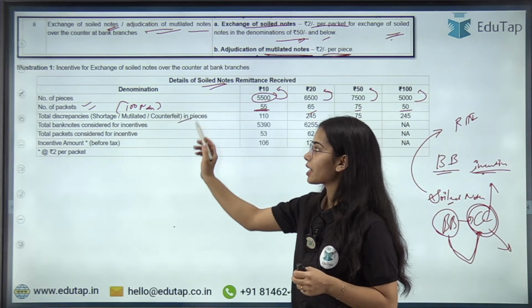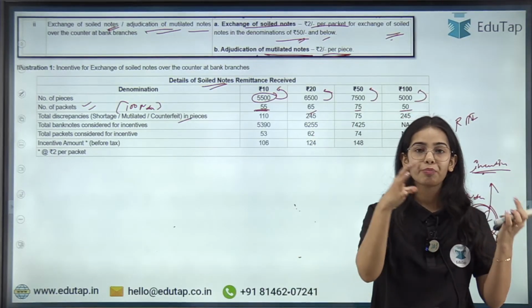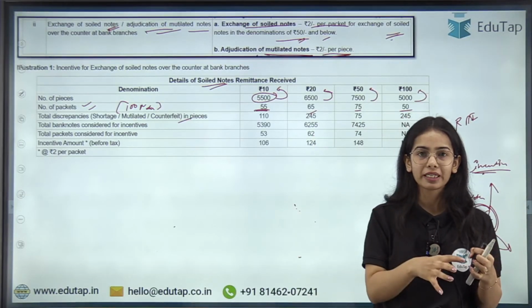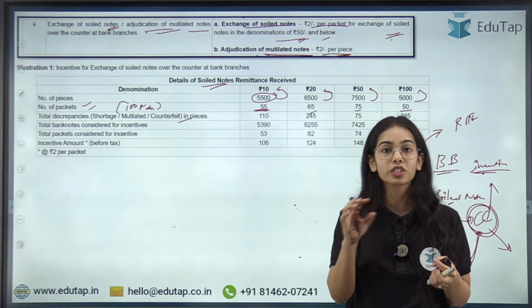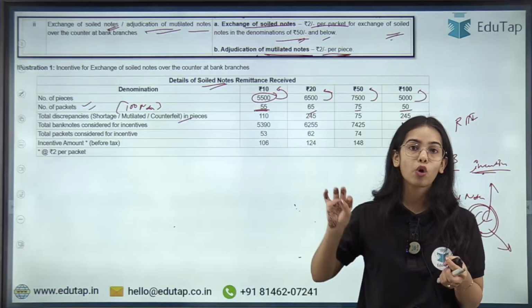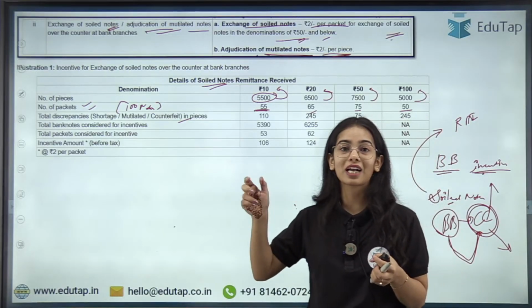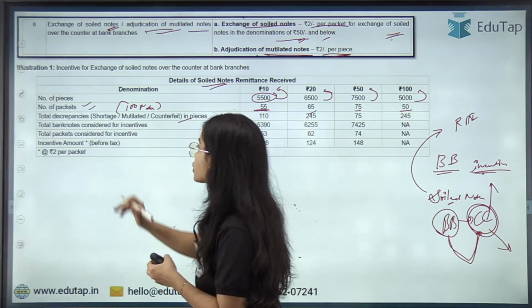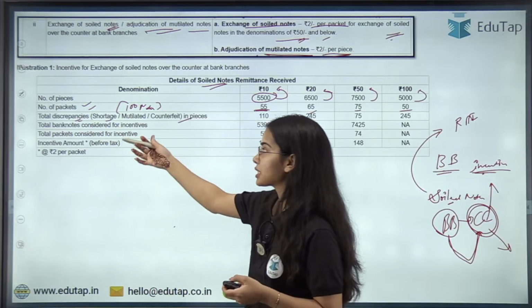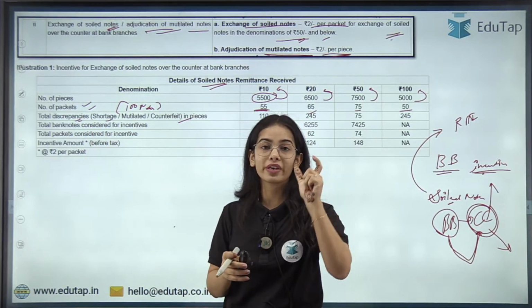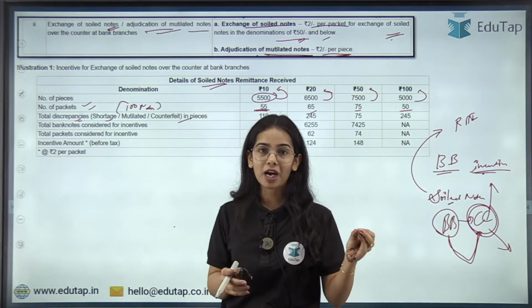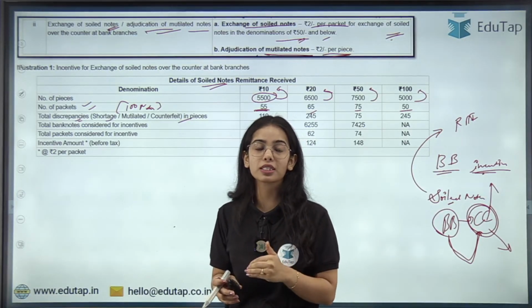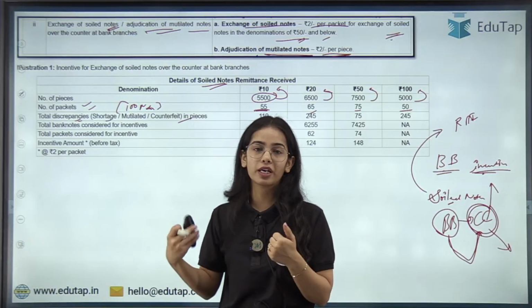Total discrepancies: when the soiled notes were being transferred, it was seen that some of the notes were counterfeit, that were not the right notes, or fake notes basically. So there is a shortage. The number shown by the bank branch was 5,500 notes, but the RBI has only received 5,490 notes.